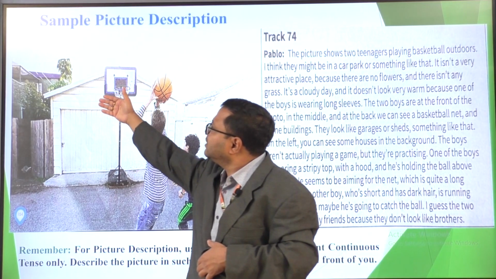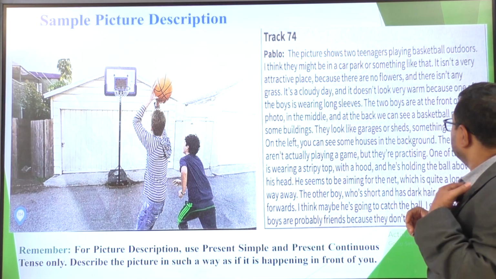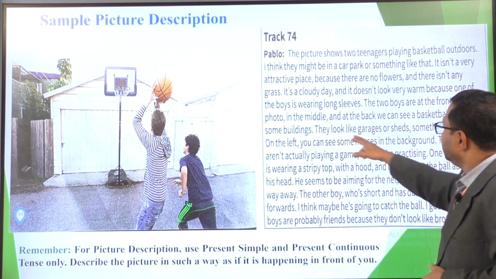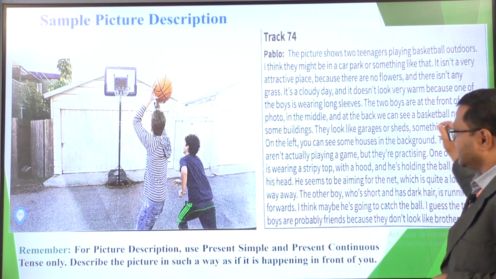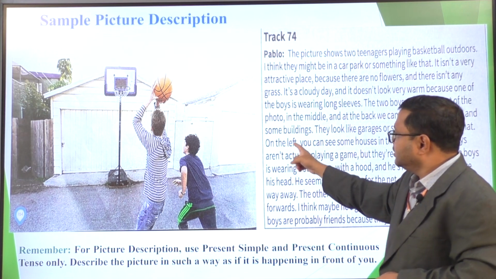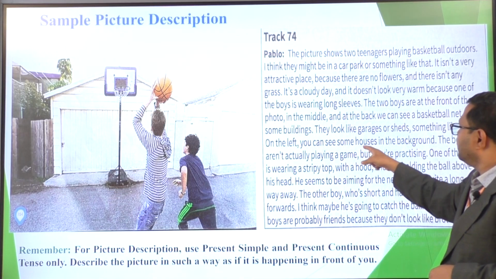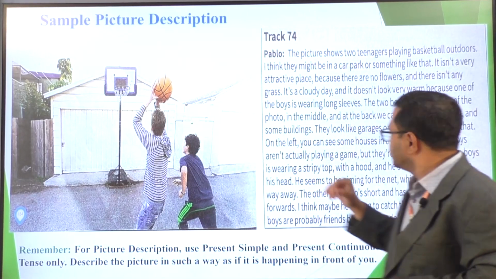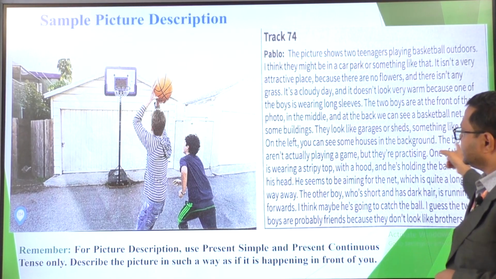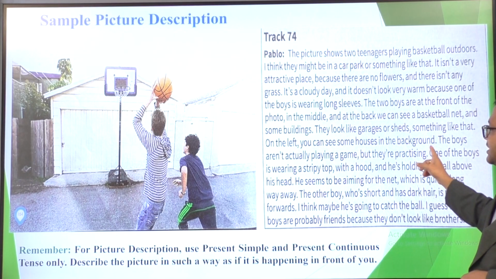They look like garages or sheds and something like that. On the left, okay, what is there? You can see some houses in the background. The boys are not actually playing a game, but they are practicing.